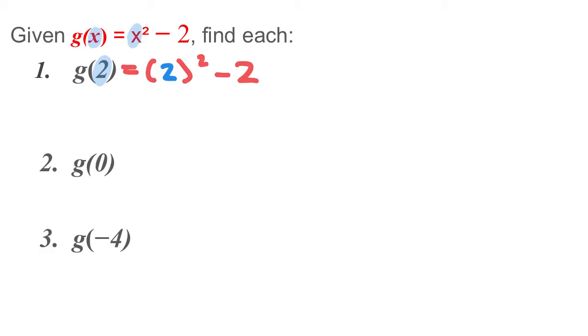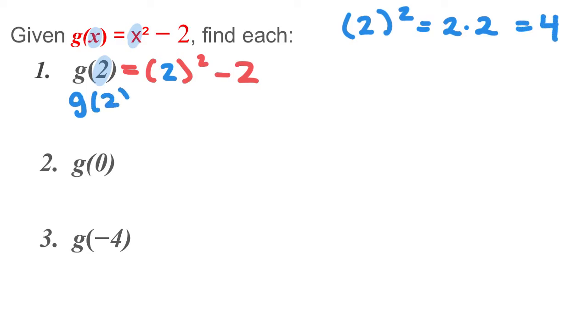And now I'm just simplifying from here. 2 squared is 2 times 2, which gives us a value of 4. So g of 2 would be 4 minus 2, so you get that g of 2 is equal to 2.